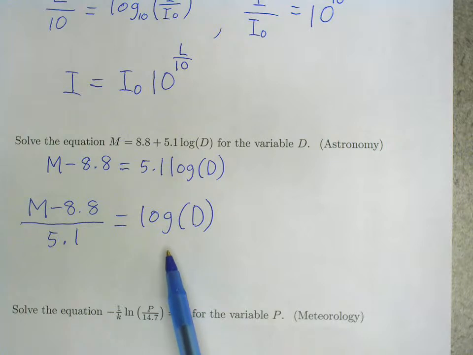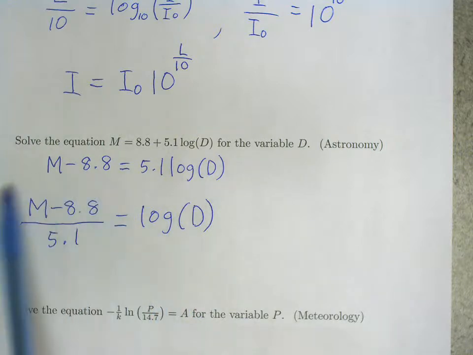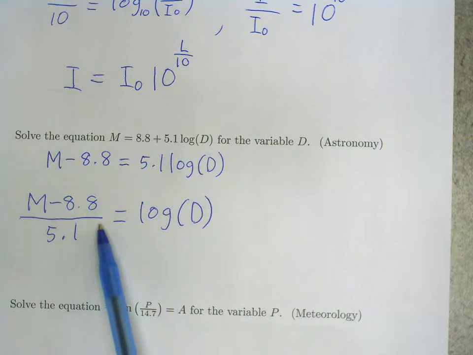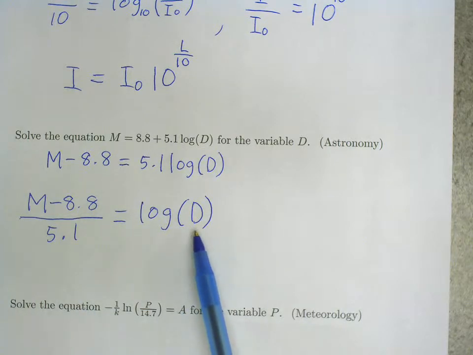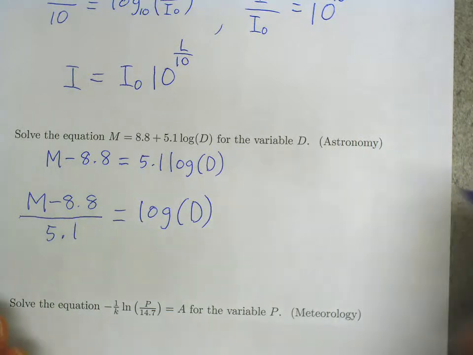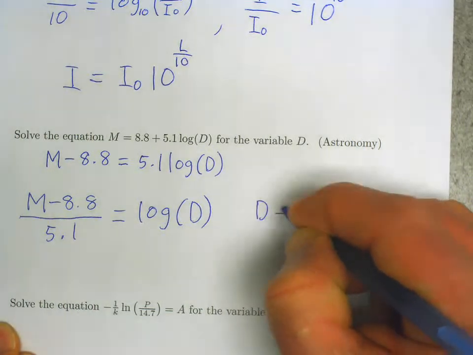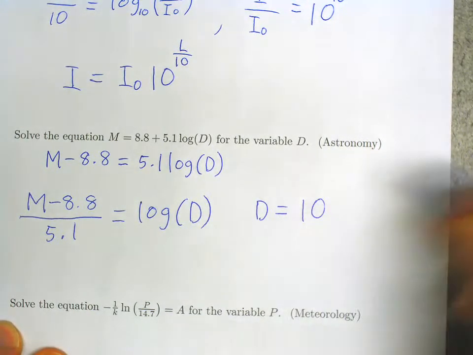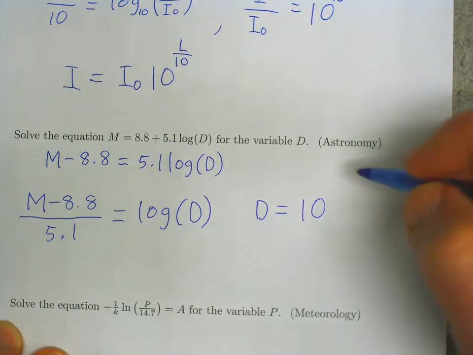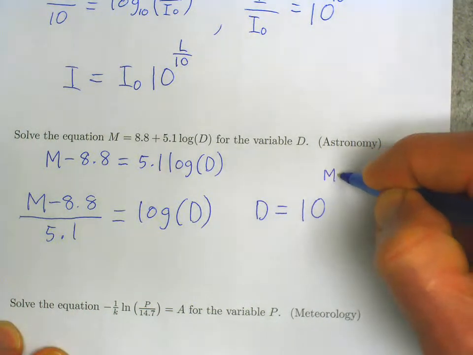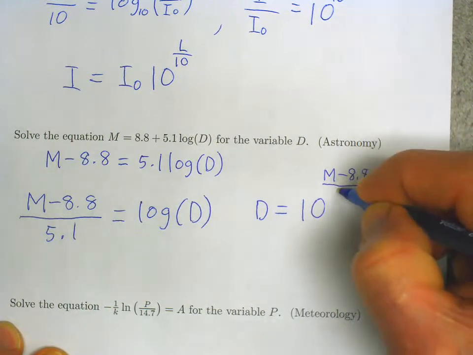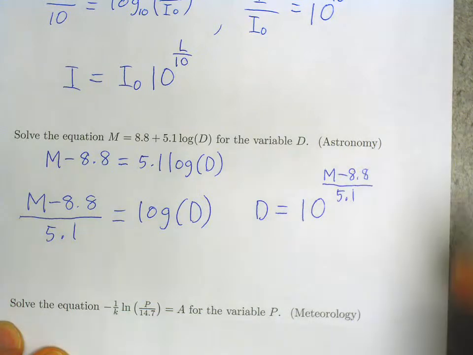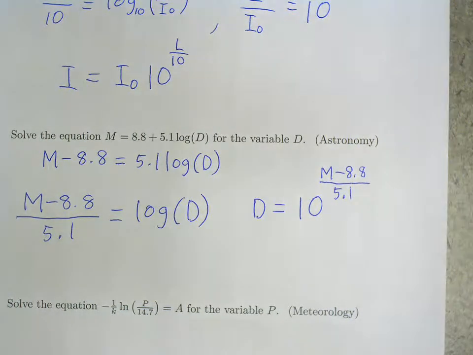So the base number 10 raised to the exponent, M minus 8.8 over 5.1, that will be equal to the argument of the logarithm, which is D. So I'll just write it as D equals the base 10 exponential with the exponent M minus 8.8 all divided by 5.1. And that's all we have to do on that one.